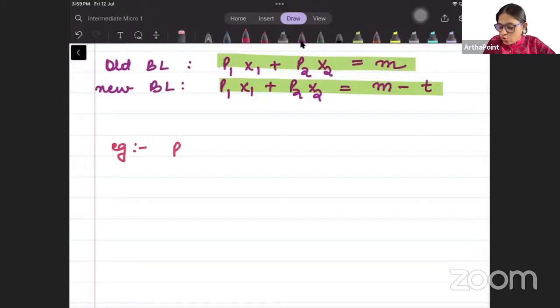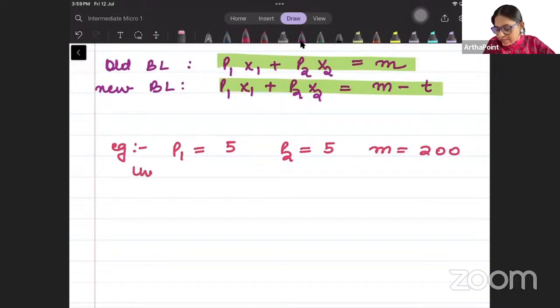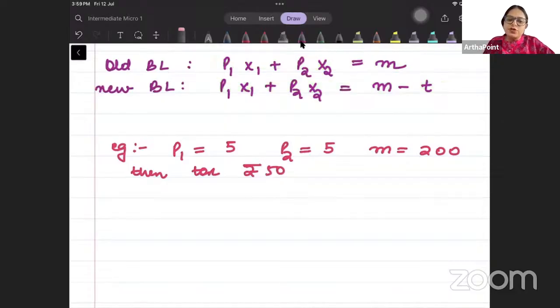Suppose I tell you P1 is 5, P2 is also 5, income of consumer is 200. And then there is a lump sum tax, a fixed tax of 50 rupees. A fixed tax is imposed, the fixed tax imposed is 50 rupees.